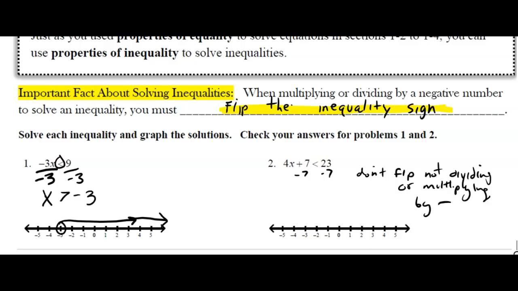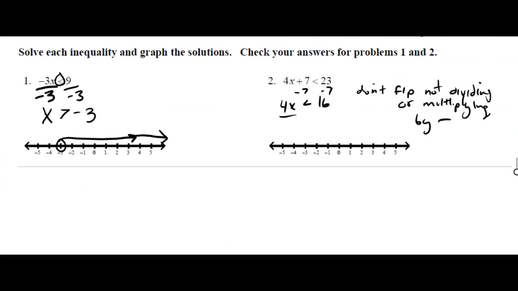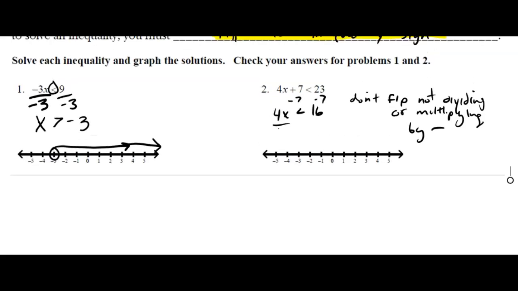So I'm subtracting here. Don't flip. Just do 4x is less than 16. Divide by, I hate when I do that, sorry. Divide by 4. Divide by 4. X is less than 4.